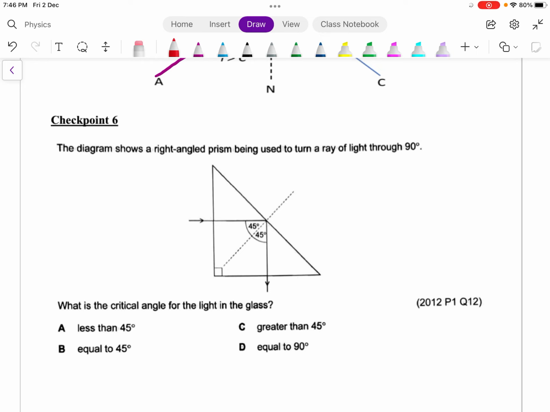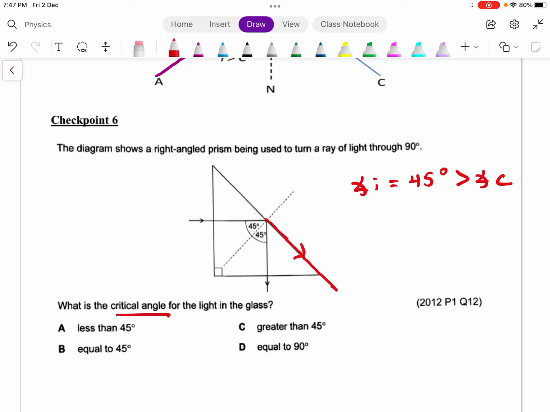This angle of 45 degrees is not equal to the critical angle, because if it were equal to the critical angle, the light would travel along the boundary of the prism. So it cannot be 45. This 45 degrees is definitely greater than the critical angle.